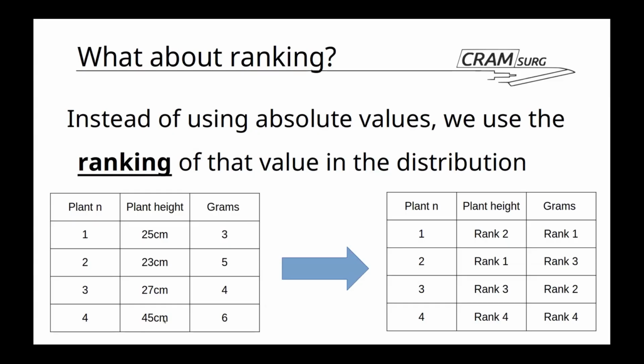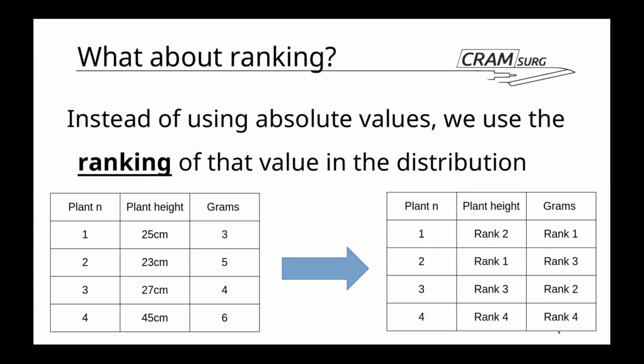And if you try and plot this on a chart, you will immediately realize that this is an outlier. So instead of using the absolute value, you rank your plant height by first, second, third, and fourth. So plant number 1 will rank number 2 because it's 25 centimeters. Plant number 2 will rank 1 because it's 23 centimeters. It's the lowest value, and so on.